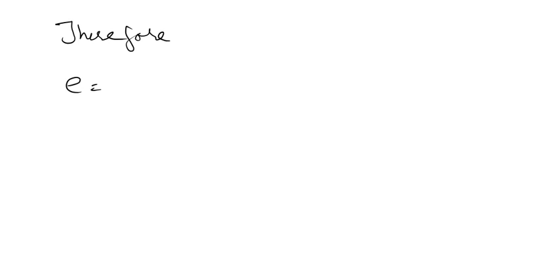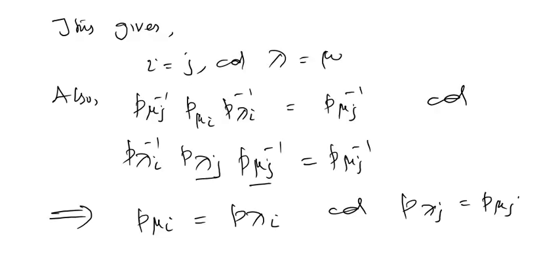P mu J is equal to P lambda I. How did this come? P mu I equal to P lambda I, okay? From this equation, P mu I and P mu J inverse, P mu J, this will cancel out, so you will get this.